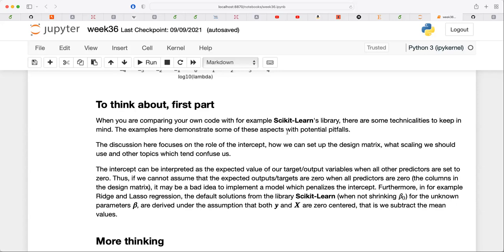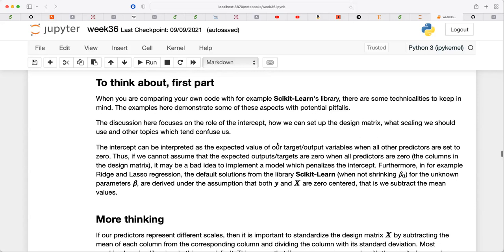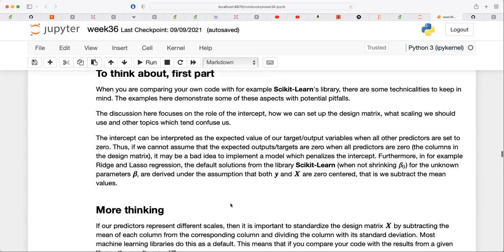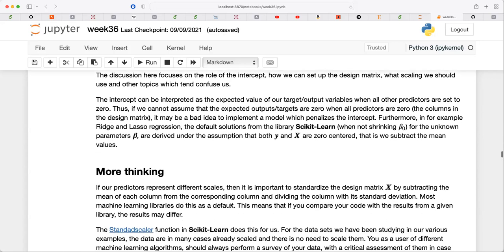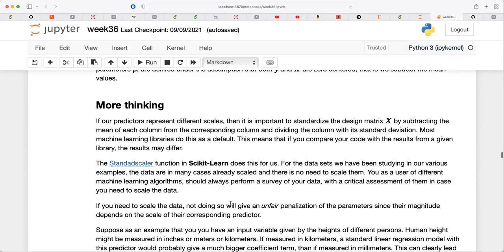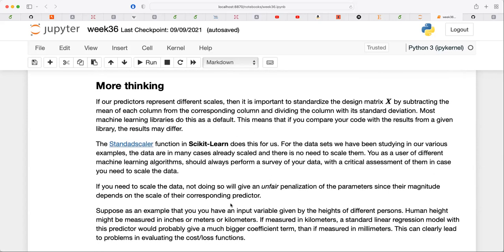But when you do that, then you have to be a little bit careful, okay? And this is the main message here in these notes, that scikit-learn does things for you which needs some thinking sometimes.